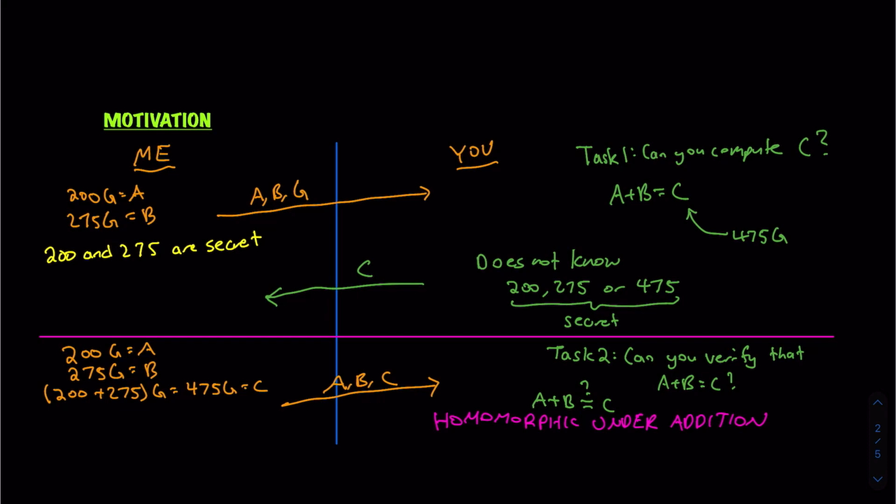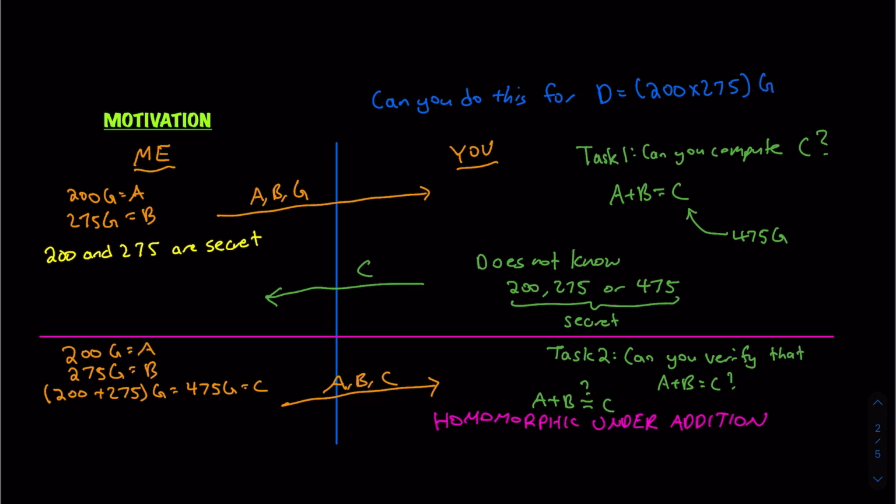Well, let's say again that I had the points A equals 200 times G and B equals 275 times G. And I asked you, hey, can you calculate D for me? What I want to know is, what is the value of 200 times 275G?